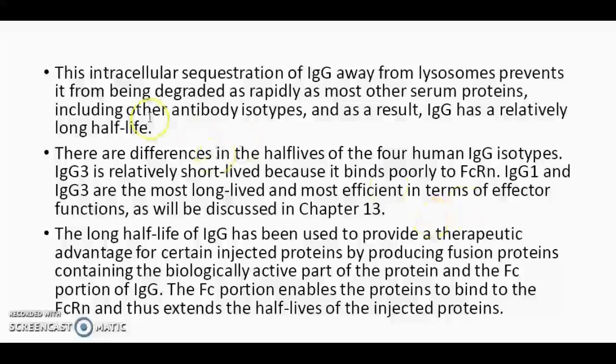This intracellular sequestration of IgG away from lysosome prevents it from being degraded as rapidly as most other serum proteins, including other antibody isotype, and as a result IgG has a relatively long half-life. There are differences in the half-life of the 4 human immunoglobulin isotypes, but IgG1 and IgG3 are the most long-lived.